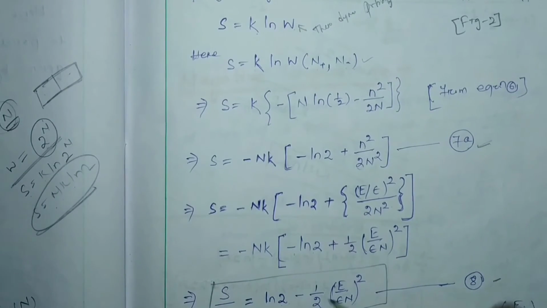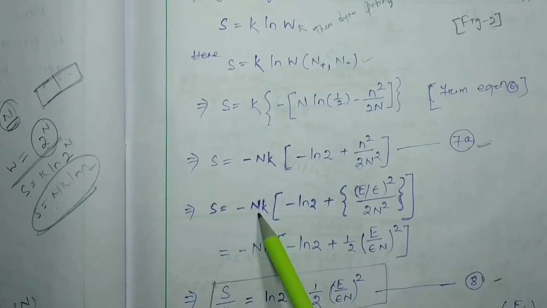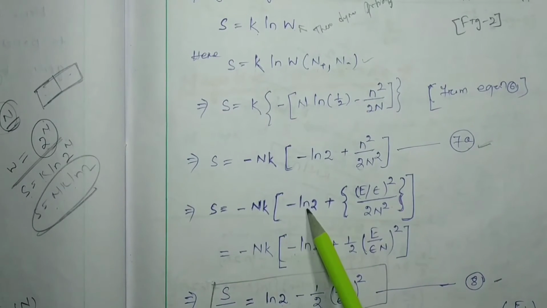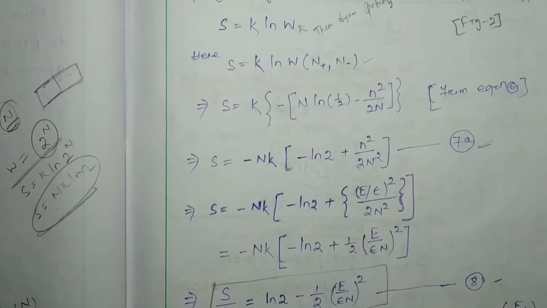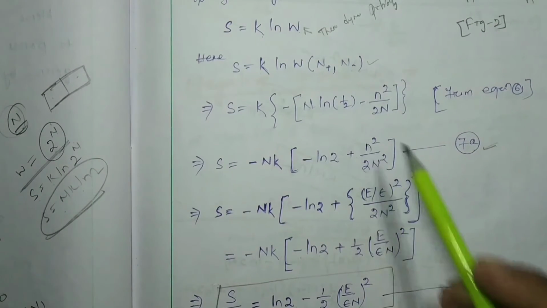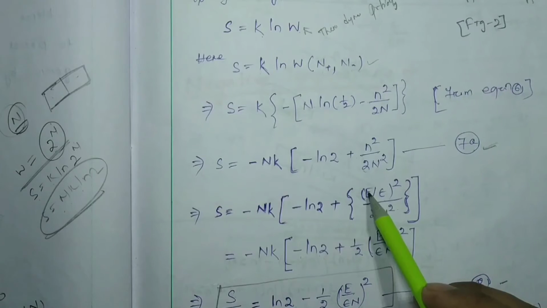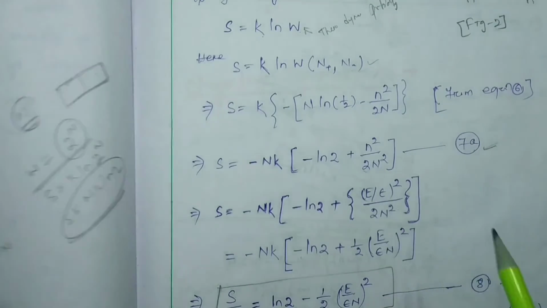So that implies S will be equal to minus nk into minus ln 2 plus, and your n will be equal to, here instead of small n we have substituted capital E by epsilon. Where have we collected that from?